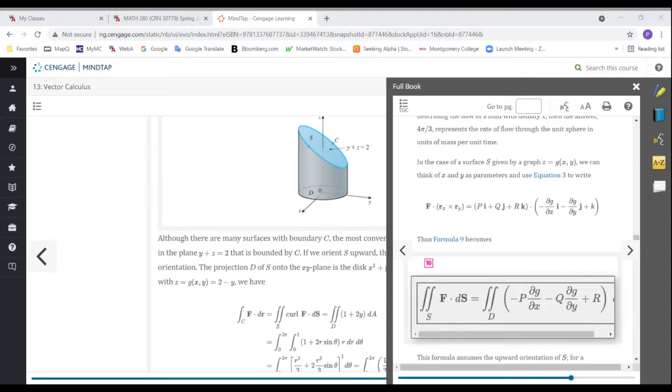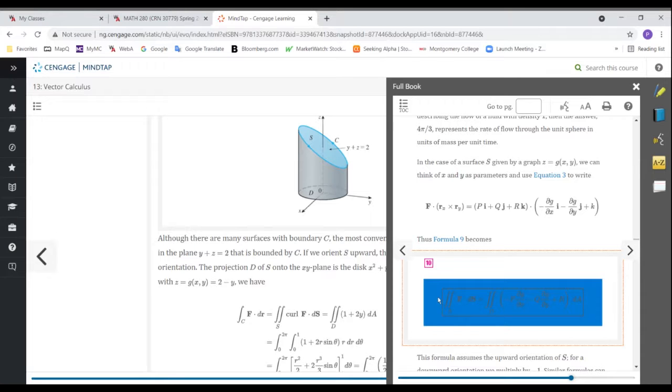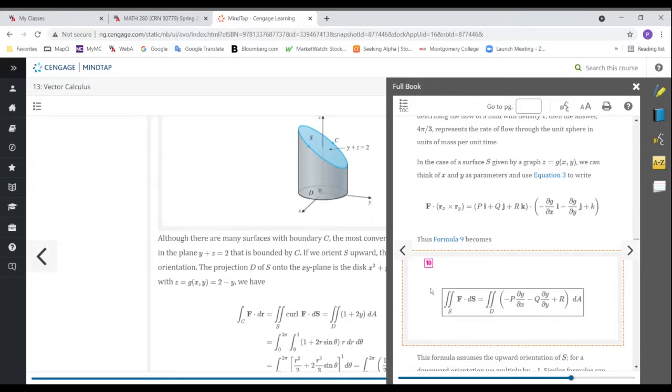It's getting cut off a little bit, but we'll just leave it as is. How many have used this formula for computing flux, from section 13.6, when z was a function of x and y? How many have utilized formula 10?